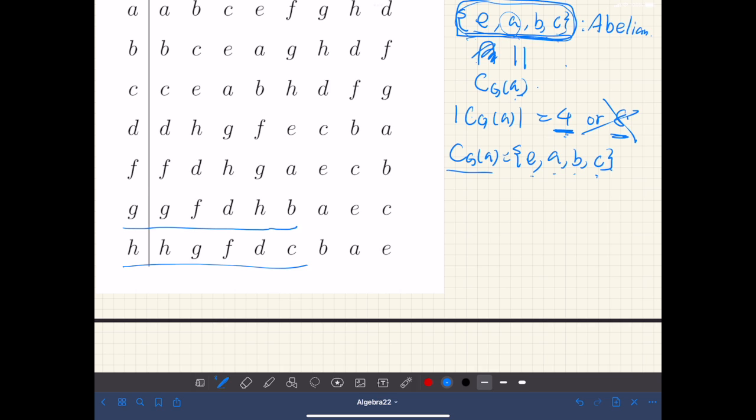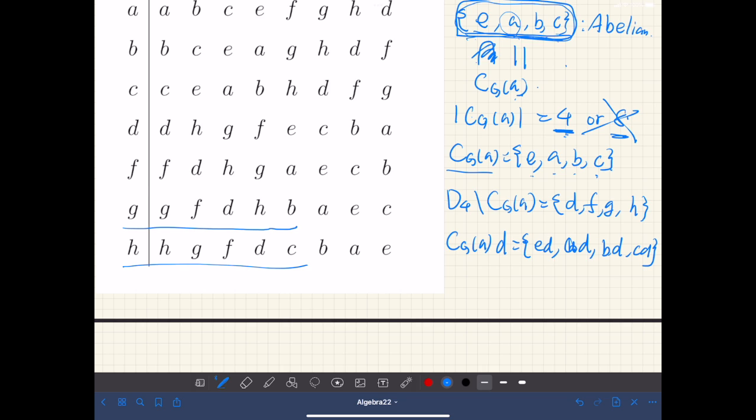So we consider the rest of the elements, which are D, F, G, H. Let's consider this coset first: ED, AD, BD, CD.